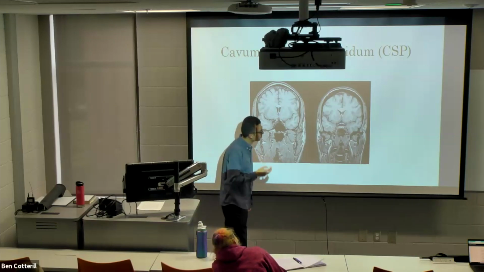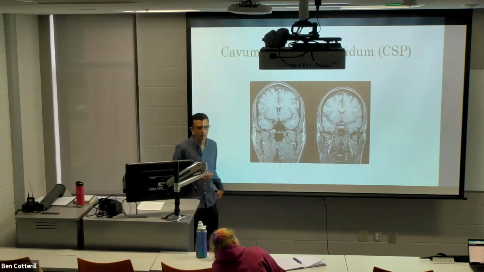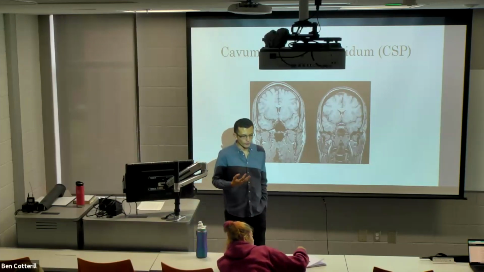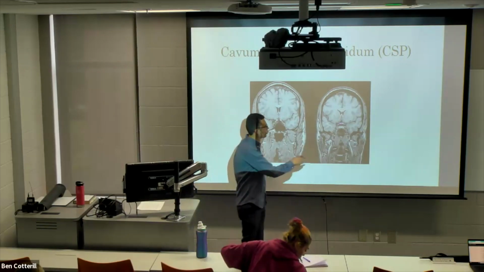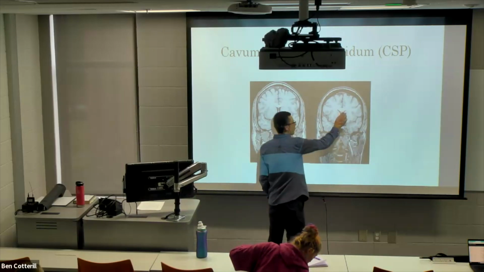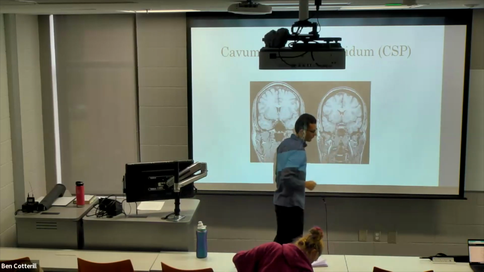Let me also tell you about this condition called cavum septum pellucidum. Now, when you're first born, your brain will look like this picture on my right. It has this fluid-filled sac in the center of it.